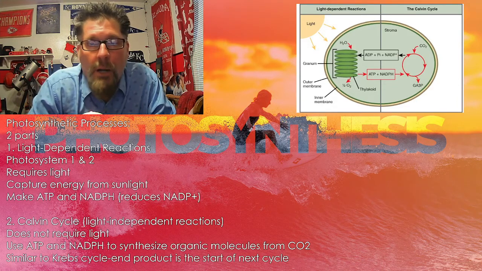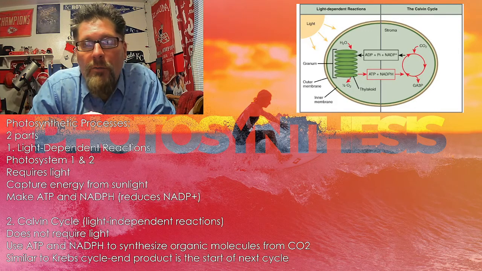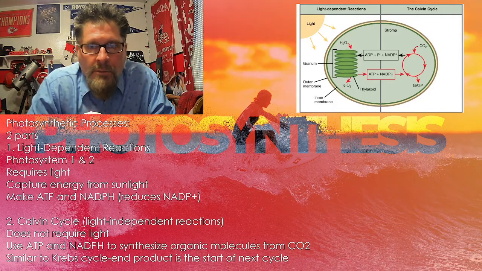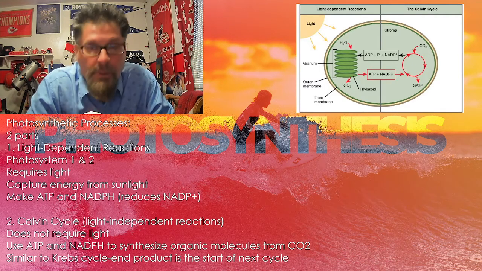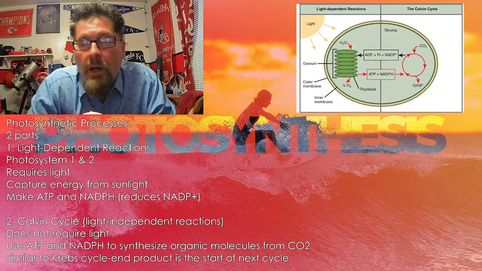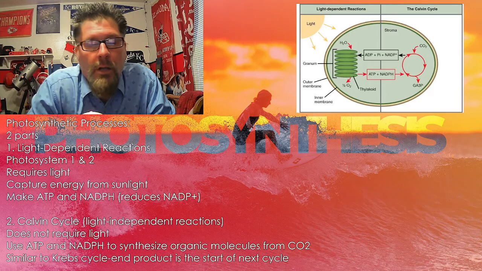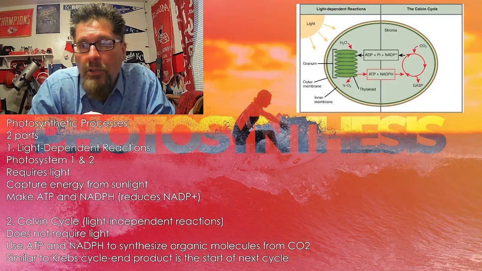So it's that coupled reaction, coupled pathways that we talked about in cellular respiration, to where the first transaction makes ATP, and when it's broken apart, it supplies energy for that. So again, the idea of these things happening in tandem will continue.